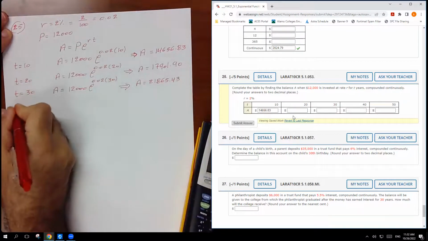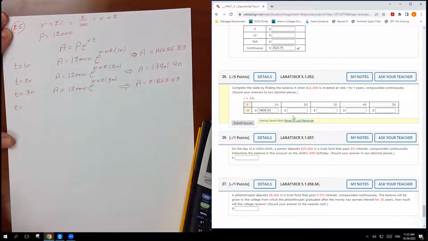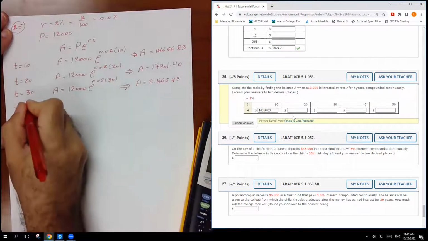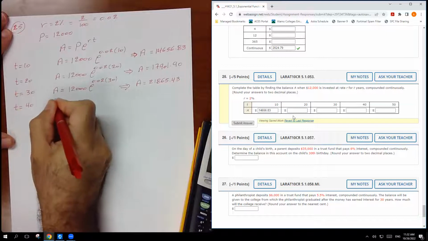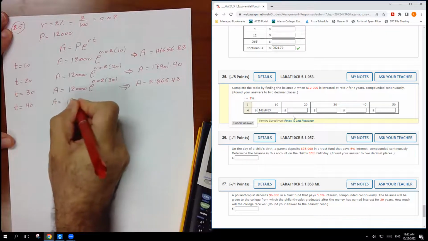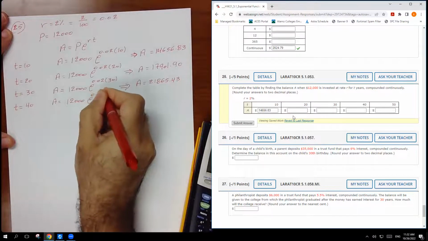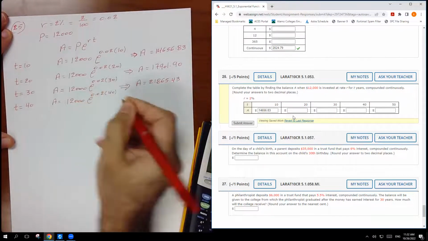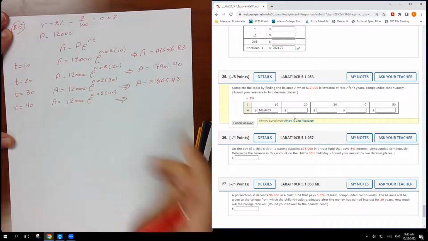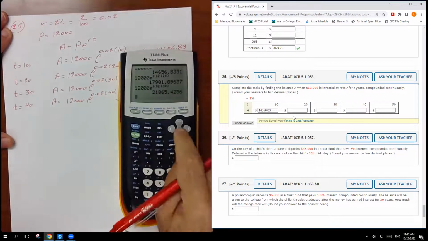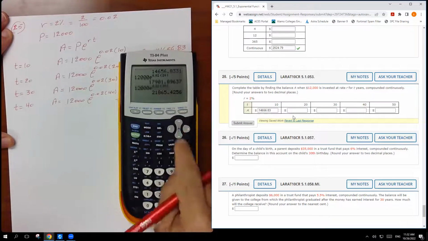When t equals 40, A is going to be 12,000 e to the 0.02 times 40, and that means we're going to change the time to 40 now.